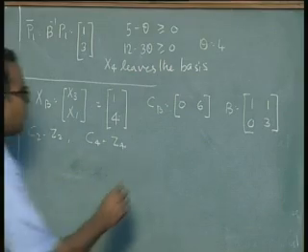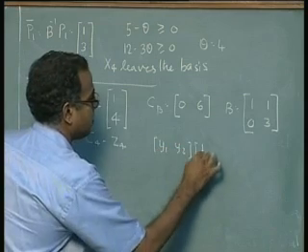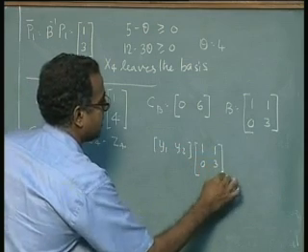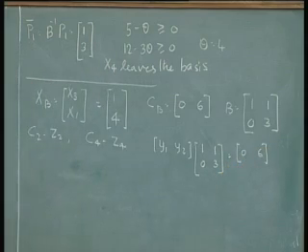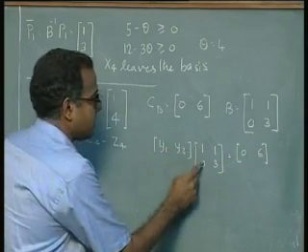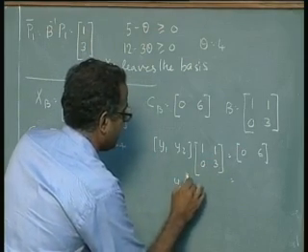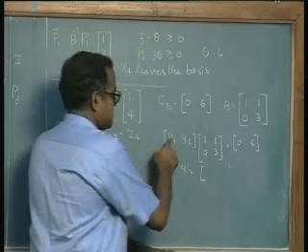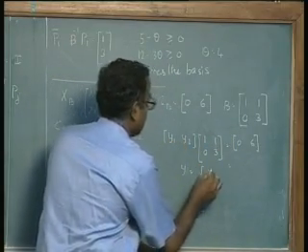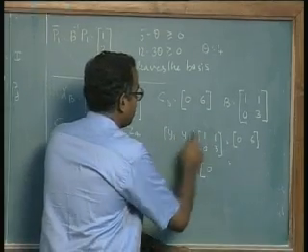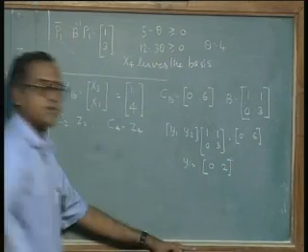So, we need to find out a y such that y1 y2 into 1 0, 1 3 is equal to 0 6, from which y1 plus 0 y2 equal to 0, so y1 is 0, and y1 plus 3 y2 equal to 6, from which y2 equal to 2. So, we have computed our y.